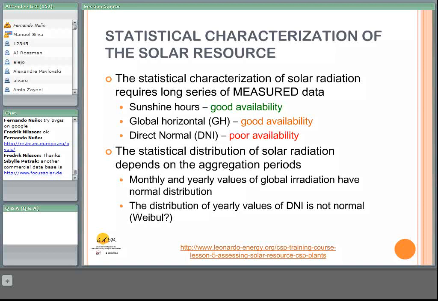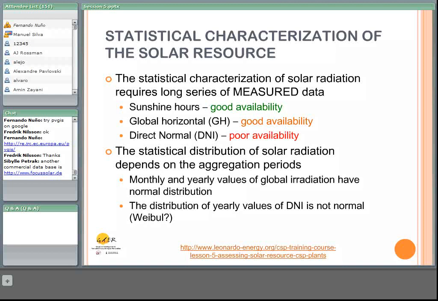That's for a 1 year period, but when you go to smaller periods, for example months, you can have some months, for example in January, 1 month you can have almost zero solar DNI, direct normal irradiation, like this year in Seville, and other Januaries of different years you may have more than 100 kilowatt hours per square meter. So you're interested in the resource in the long term.